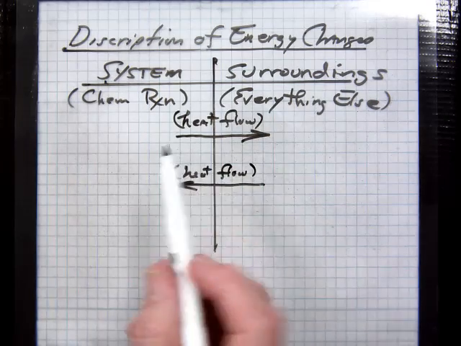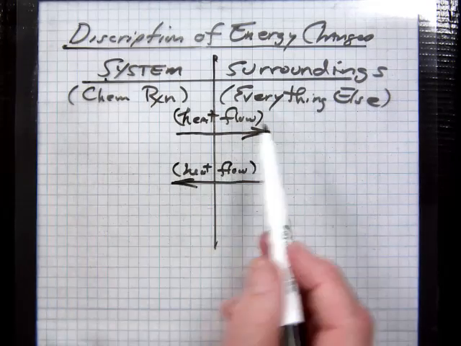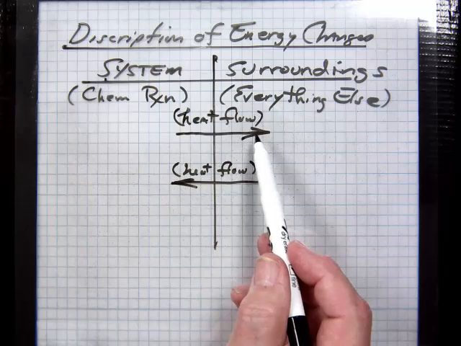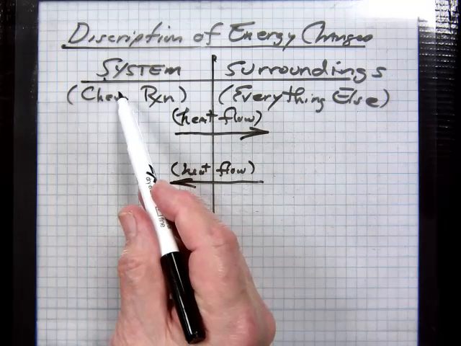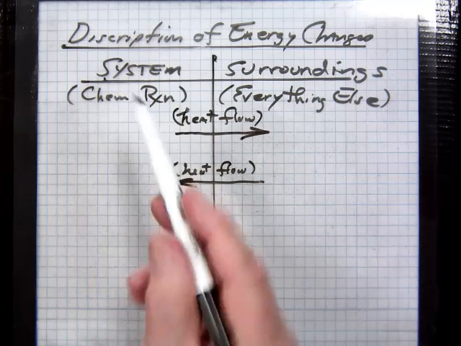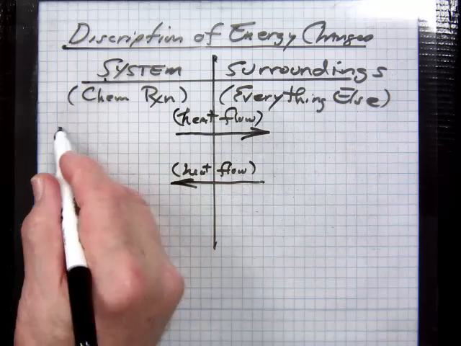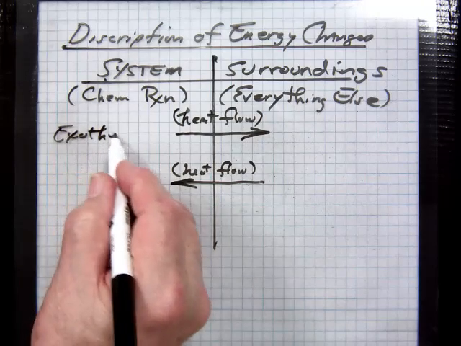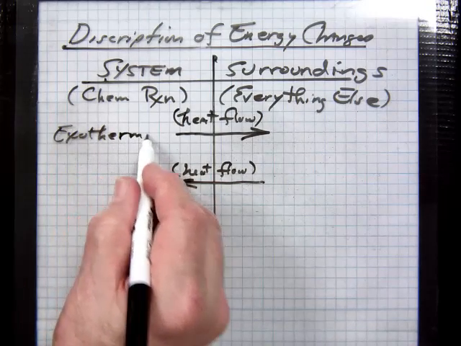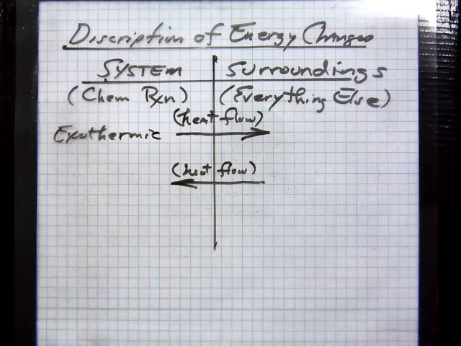Now, if energy is moving from the system to the surroundings, the system is losing energy. And we call that exothermic.